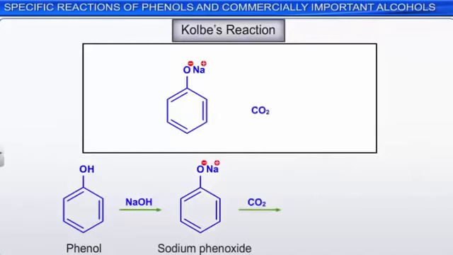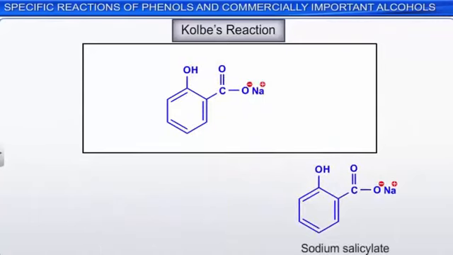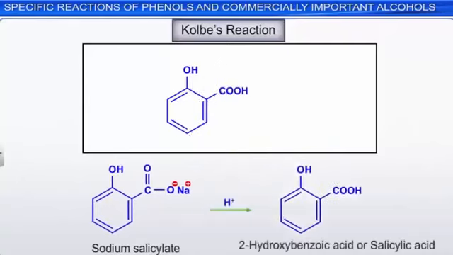Carbon dioxide, the neutral electrophile, attacks phenoxide ion to form sodium salicylate. The sodium salicylate, when acidified, forms 2-hydroxybenzoic acid or salicylic acid. The ortho position is favored in Kolbe synthesis.